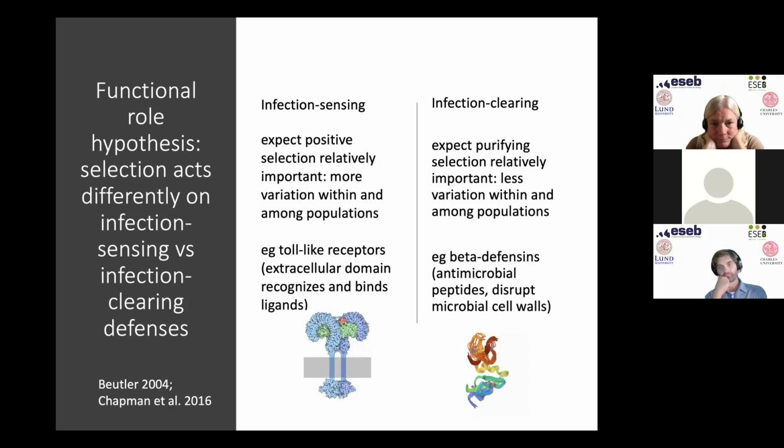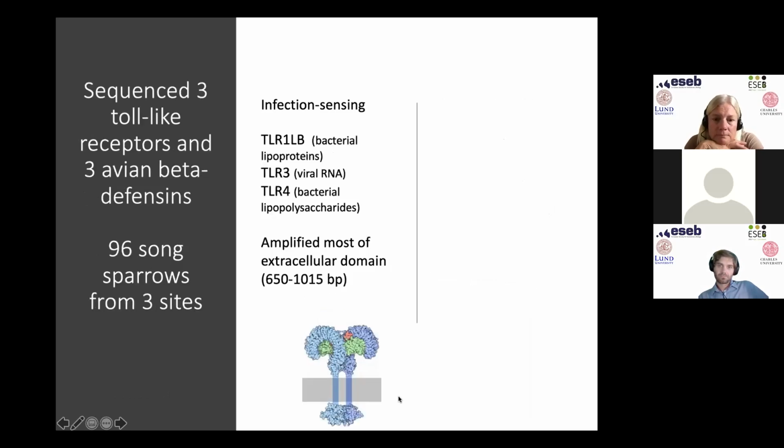But there's other components of innate immunity that are tasked primarily with clearing the infections. And at these, genes like avian beta defensins, which are antimicrobial peptides, we might expect that purifying selection should be more important, and we might see less variation within and among populations.